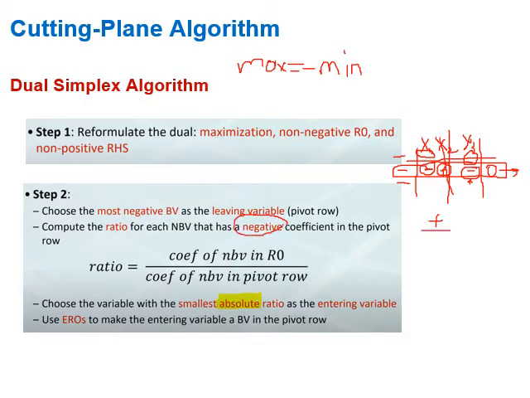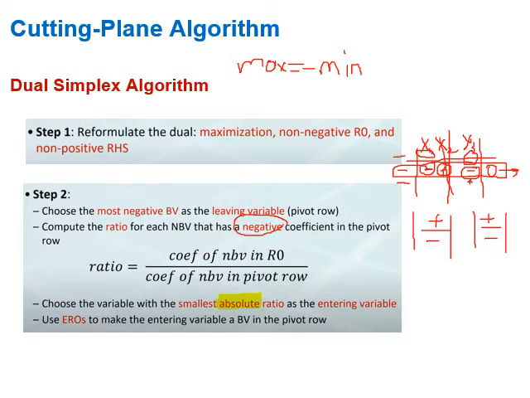So positive divided by negative, the result will be negative. But while comparing two ratios, the ratio of x1 to the ratio of x2, we take their absolute values, okay, and compare those absolute values, not the negative numbers. And we select this as the entering variable.